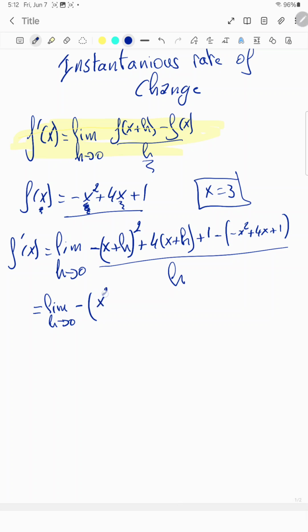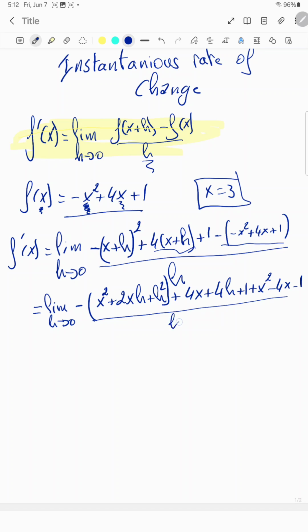And then I will develop the second term here, plus 4x plus 4h plus 1, and I will develop the minus, which is here. It becomes minus times minus is plus x squared minus 4x minus 1. And all that is divided by h.